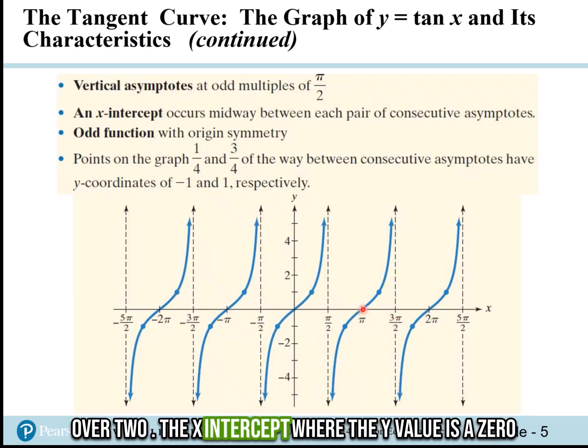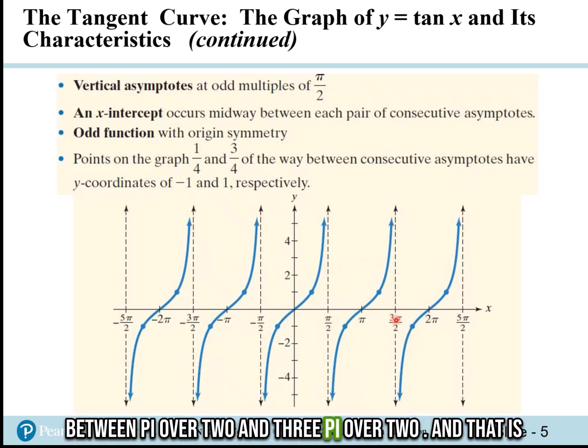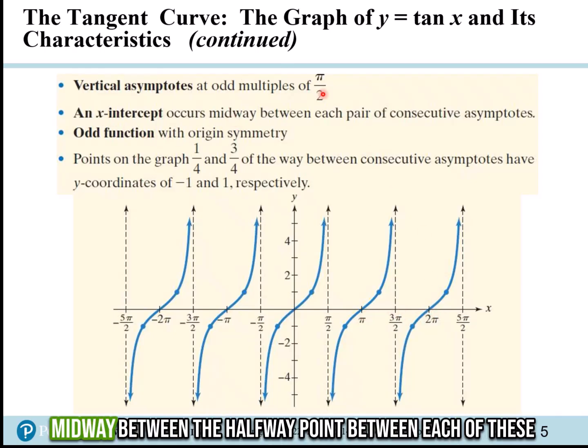The x-intercept, where the y value is 0, occurs at pi because that is the x value right at the center between pi over 2 and 3 pi over 2. And that is true for every cycle. Therefore, an x-intercept occurs midway between each pair of asymptotes.